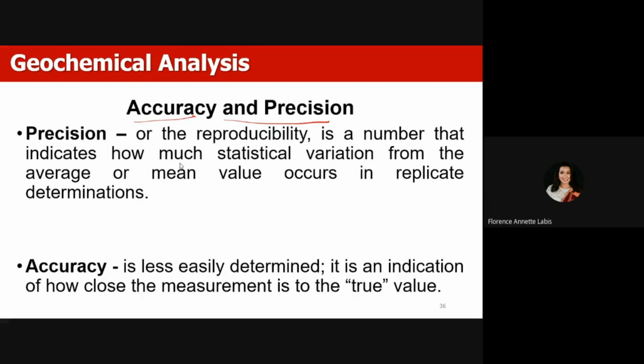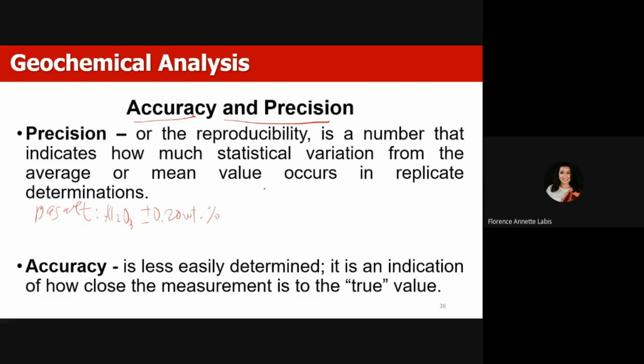For example, I'm going to give you the precision of analysis for a basalt. Let's look at its alumina, or aluminum oxide, in basalt. Its precision of analysis is plus or minus 0.20 weight percent.